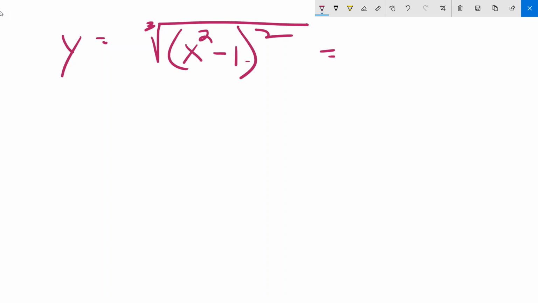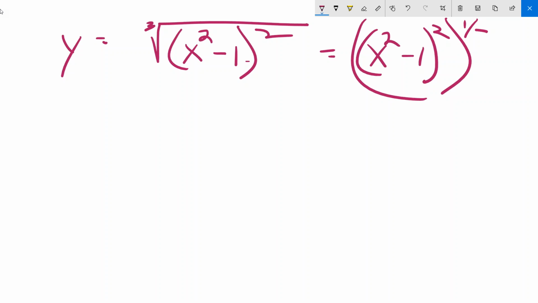Rewrite it first. All right, so that is x squared minus 1 squared all to the 1/3 power. Simplify it. In other words, there are two different ways to do this problem.